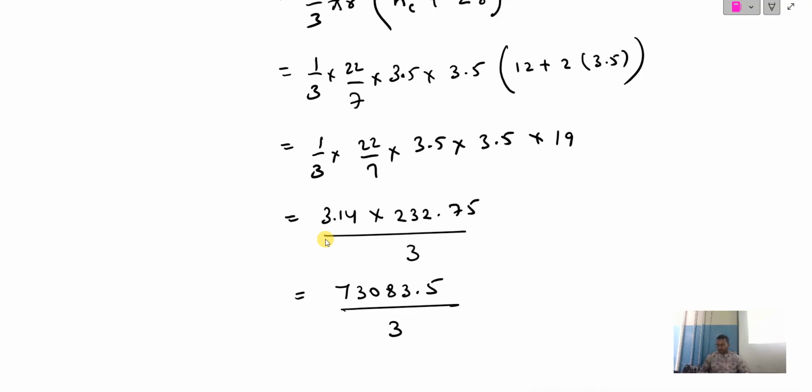So approximately we can take it as 244. Approximately we can take it as 244 centimeter cube. So this is the volume of the toy.